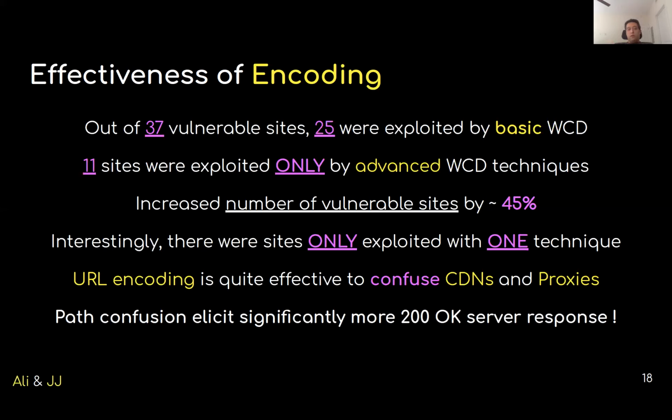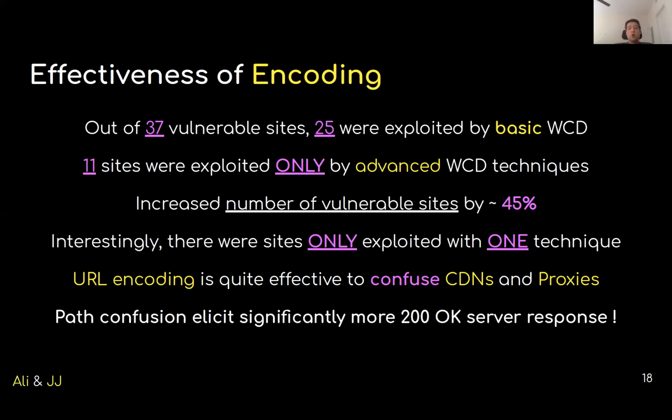All in all, the results we presented in this slide confirm our hypothesis that launching a web cache deception attack with variations of path confusion, as opposed to only using the originally proposed path parameter techniques, significantly increases the possibility of successful exploitation.